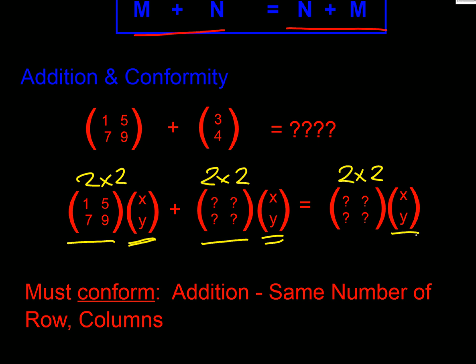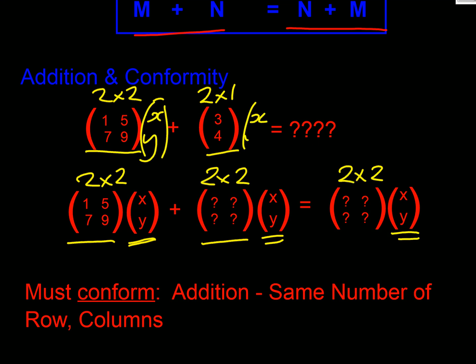And that's all fairly straightforward because I can put xy behind it and it all works. But can we do this for a matrix 1 5 7 9 there? So that's a 2 by 2, and can I add it to effectively a vector which is a 2 by 1? Well, I can't, because it doesn't make any sense if I put xy behind there and xy behind there.